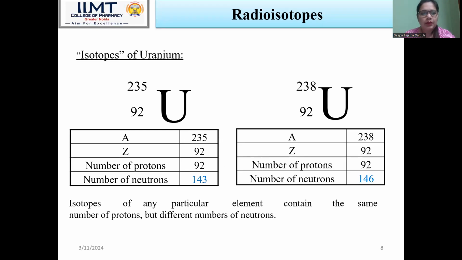For example, uranium: number of protons in uranium is 92 and number of neutrons is 143. Another example of uranium has 92 protons and 146 neutrons. So isotopes of any particular element contain the same number of protons but different numbers of neutrons.